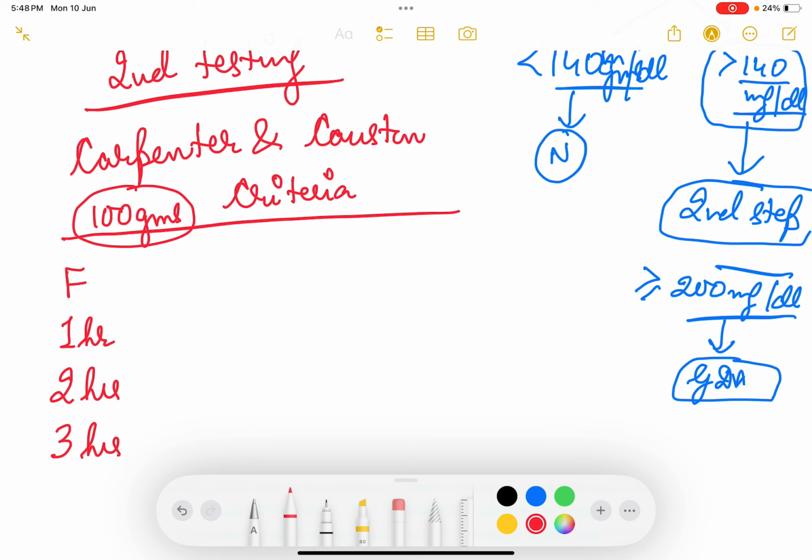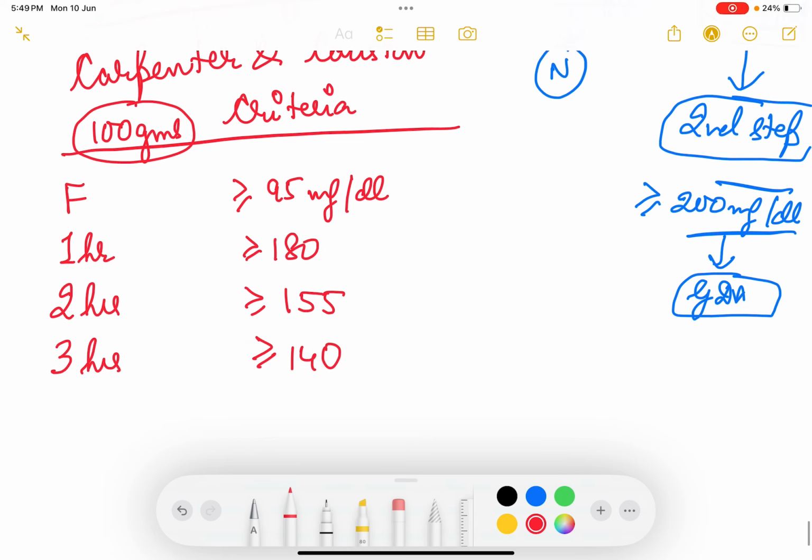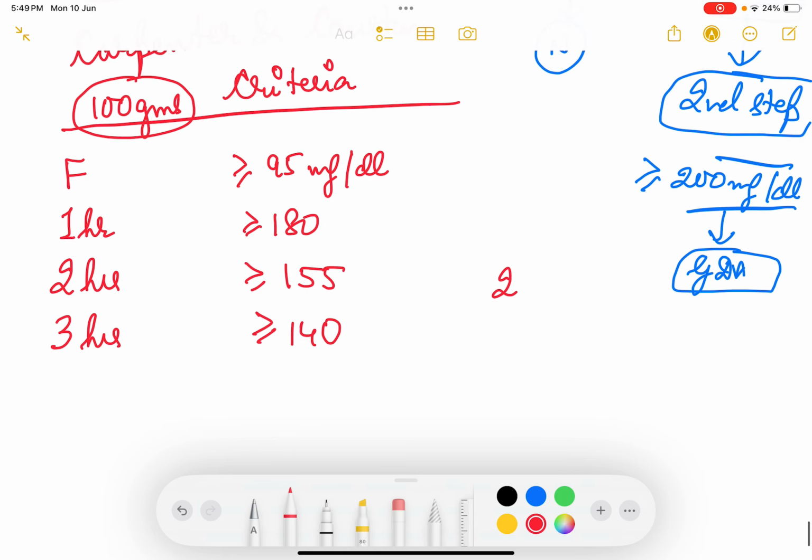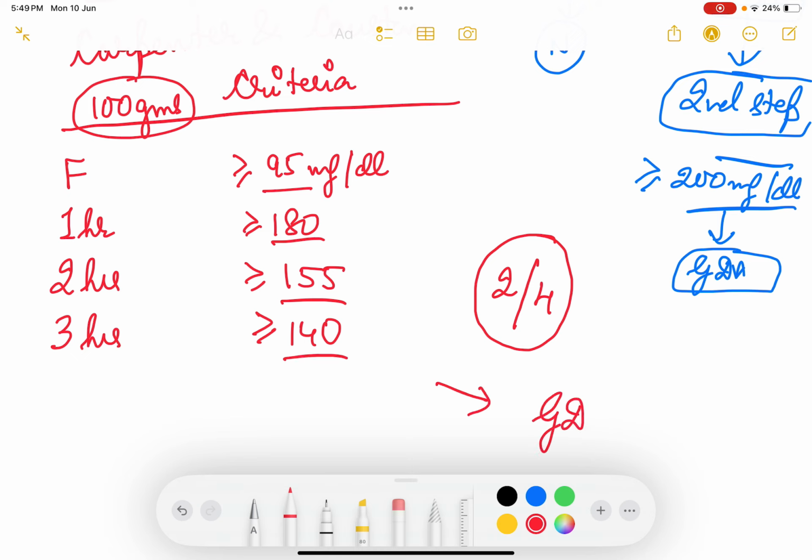These are the cutoffs which are taken: fasting more than or equal to 95 milligrams per deciliter, 1 hour more than or equal to 180, 2 hours more than or equal to 155, and 3 hours more than or equal to 140 milligrams per deciliter. If 2 out of these 4 criteria are met, then we say the patient has gestational diabetes mellitus.